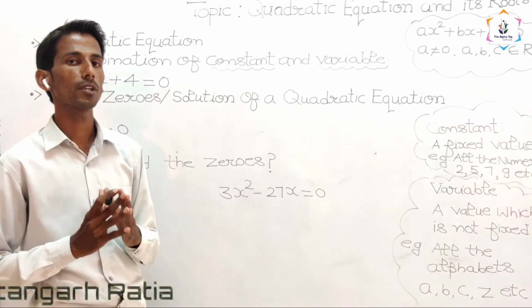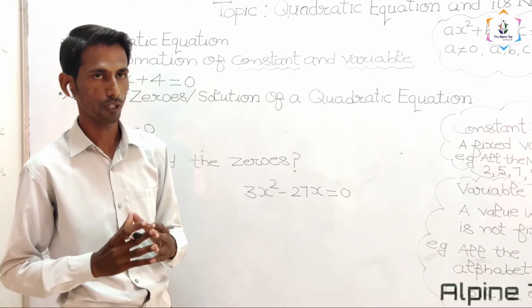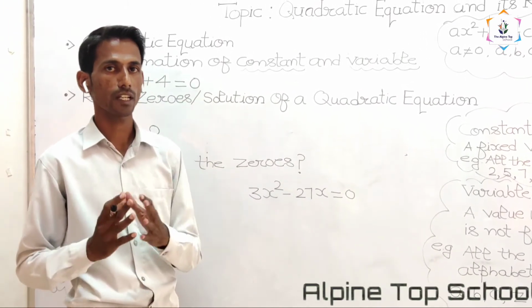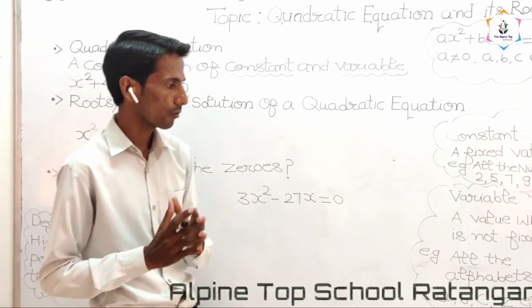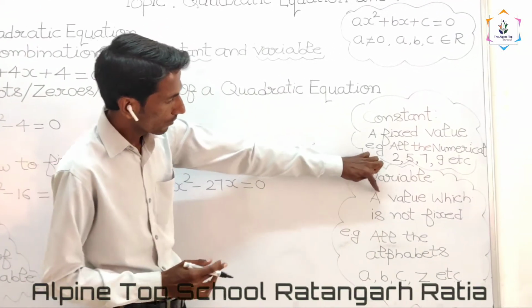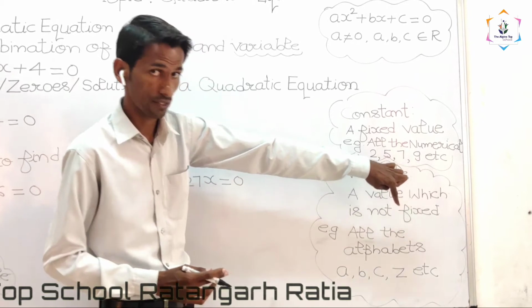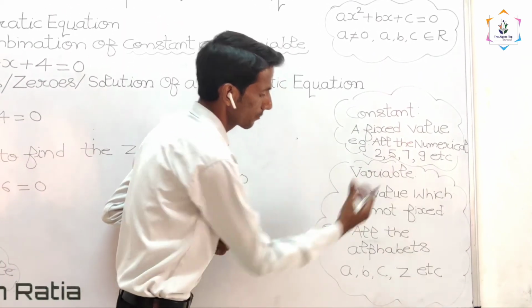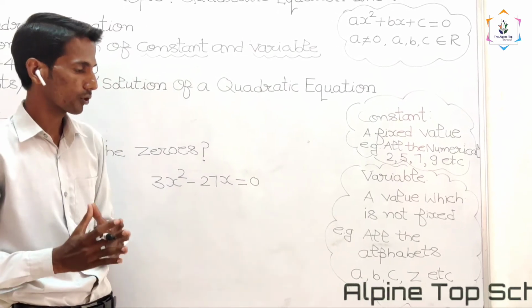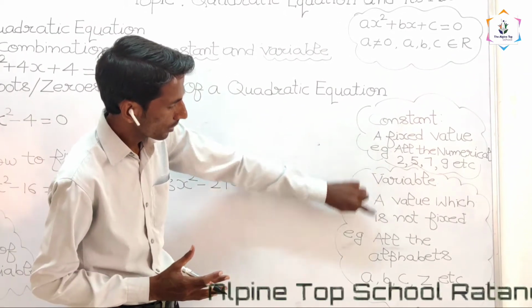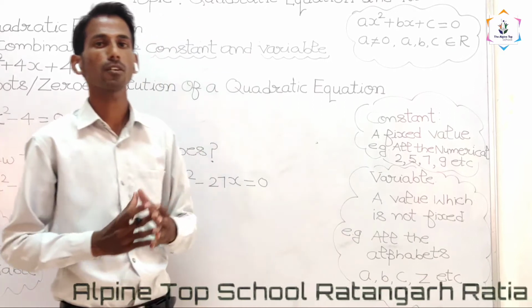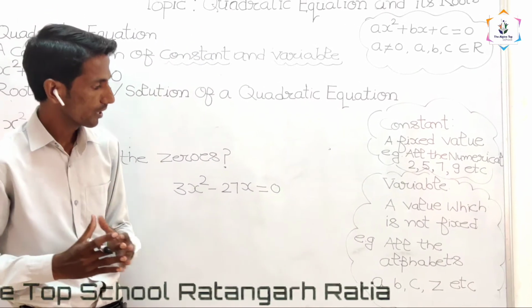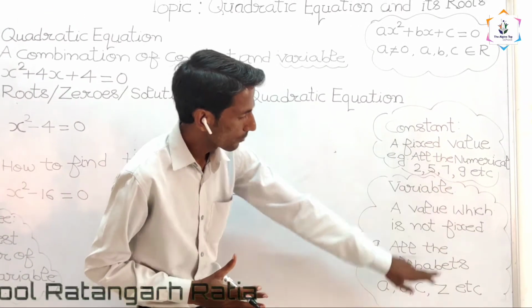Actually, students, in mathematics we have two types of quantity. One is constant and the second one is variable. Now, what is the meaning of variable? A quantity which is not fixed is known as a variable. As examples of variables, all the alphabets, A to Z, are variables.